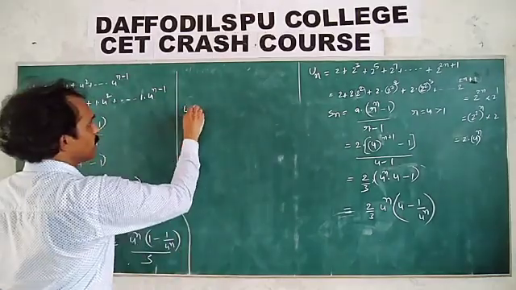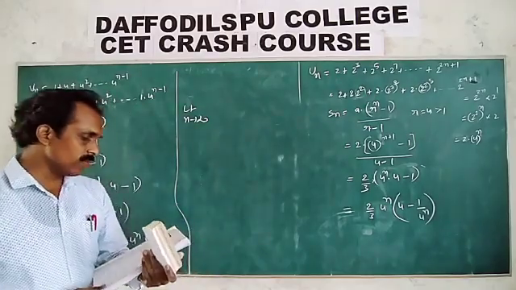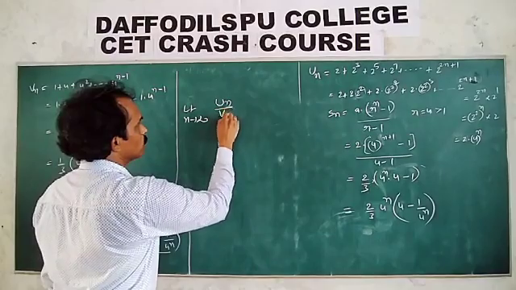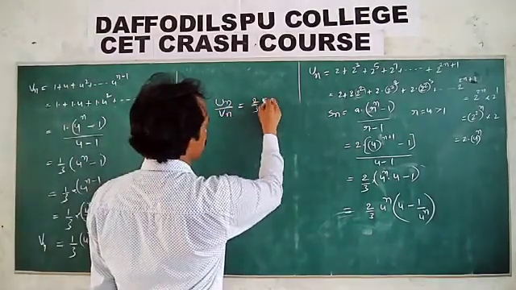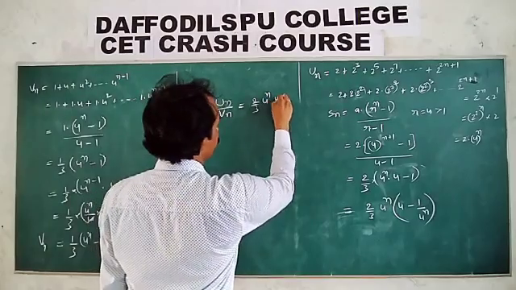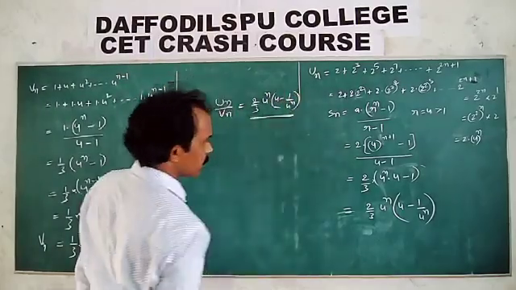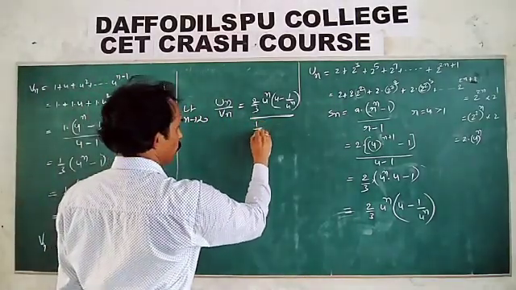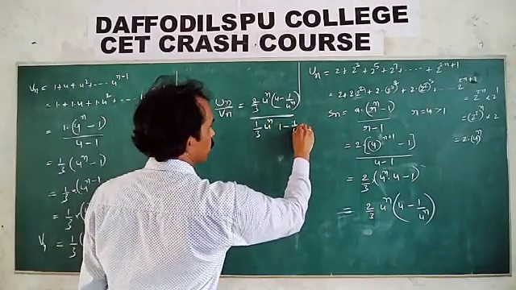Now limit n tends to infinity of Un by Vn. What is Un? 2 by 3, 4 power n, 4 minus 1 by 4 power n, divided by 1 by 3, 4 power n, 1 minus 1 by 4 power n.